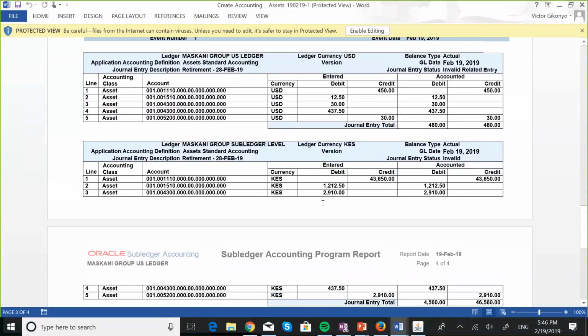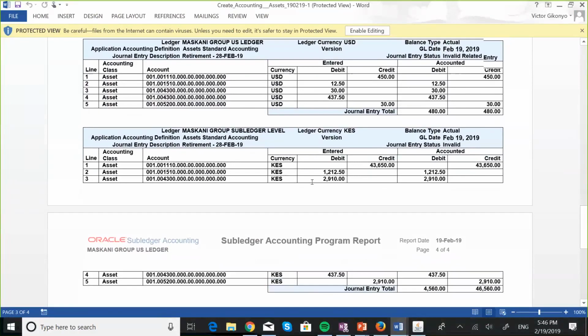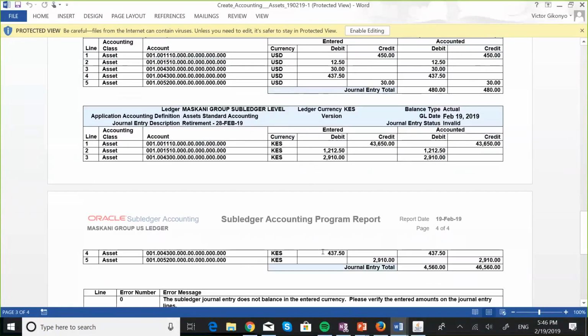It is affecting the entries in our subledger level reporting currency ledger. If you check here, you can see this amount here, 437.50, is supposed to be converted to Kenya shillings, but it's still the amount in US dollars. So these two sides are not balancing.